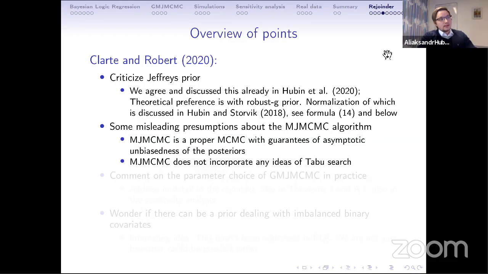It also does not incorporate any ideas of the taboo search. And this was somewhat contrary to what, for example, Clarté and Robert said. They wanted the algorithm to be reversible and thought that it was non-reversible. But the MGM-CMC algorithm is definitely reversible, and it's not incorporating any of the ideas of the taboo search.